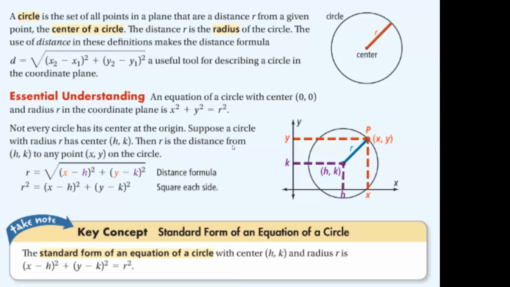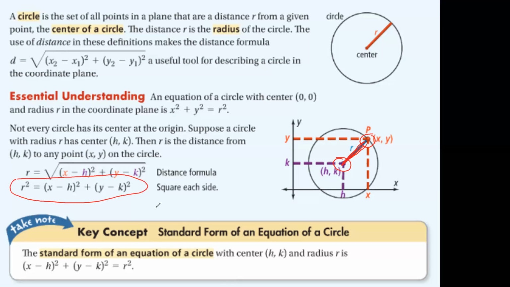So here, as we said, this is a circle. If we use the distance formula, imagine this is (x, y) and here is a center (h, k). If I want to find the distance between them, we will name it r. Its equation is r squared equals x minus h squared plus y minus k squared.